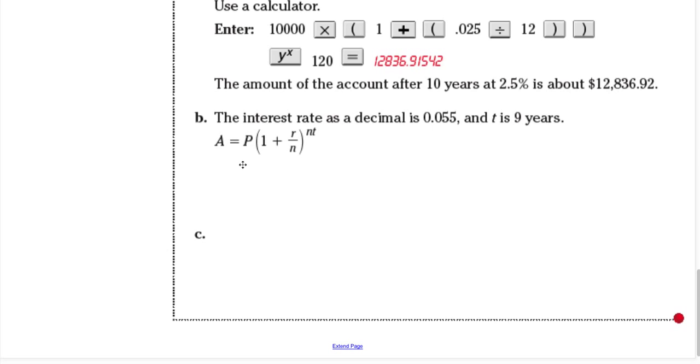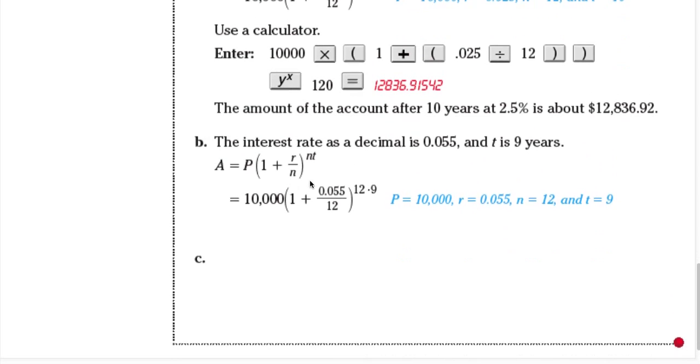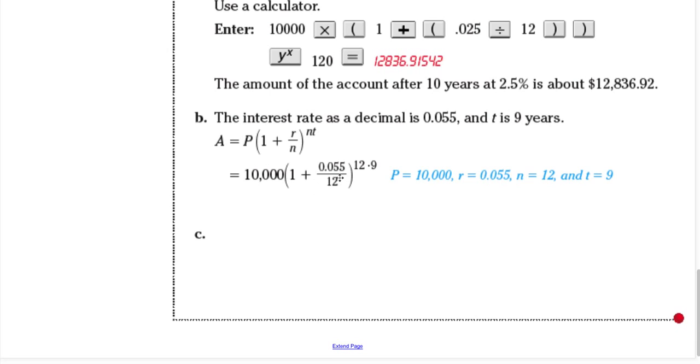When we substitute the values into the formula, instead of 0.025, we now have 0.055 because it's 5.5% interest rate, compounded monthly for a year, which is 12, but instead of 10 now, we simply multiply it by 9. And we end up with approximately $16,386.44.